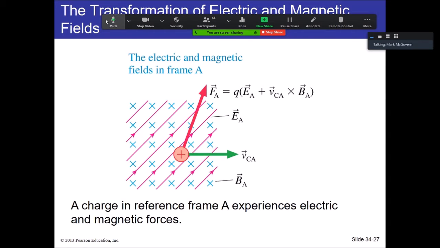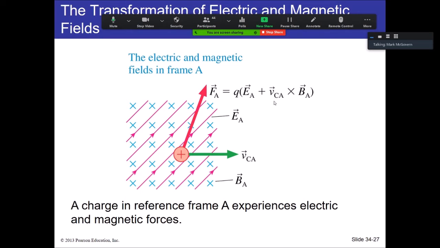So what we see here is the V cross B. That is an induced electric field because something is moving in the magnetic field in reference frame A. So that would be like EB, basically. This would be EB. And you add that to the pre-existing field, and that would represent the full amount of charge that acts on that particular particle there.